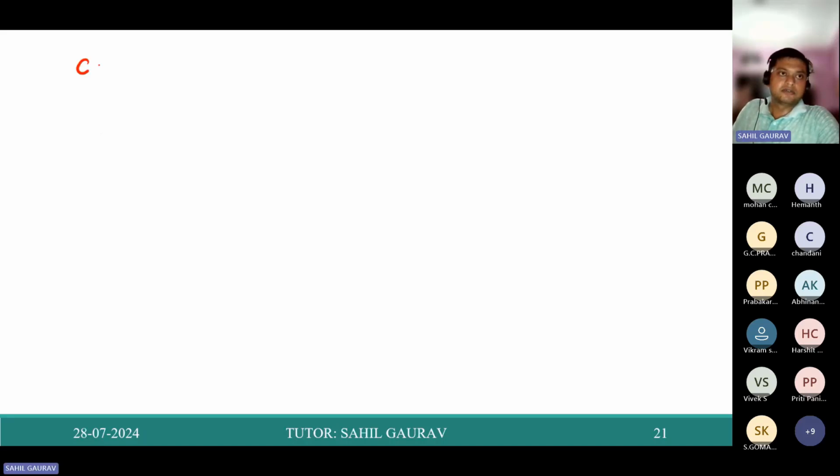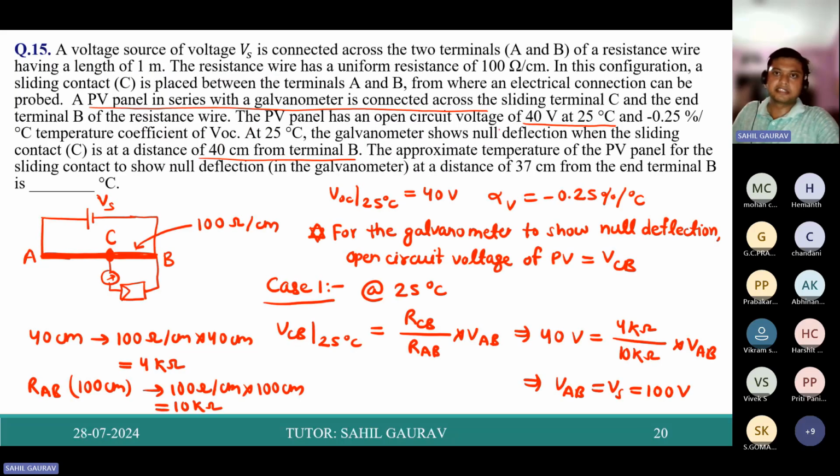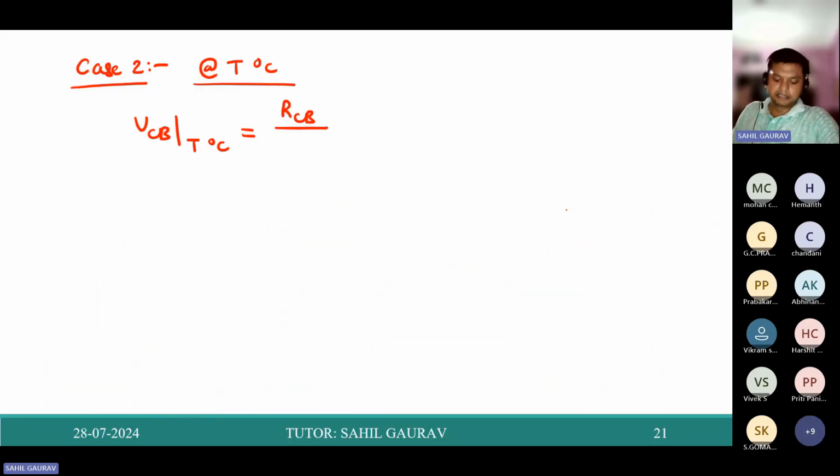In case 2, at T degrees Celsius, we have to find VCB at T degrees Celsius, and it is showing null deflection when the sliding contact is at a distance of 37 centimeters from terminal B.